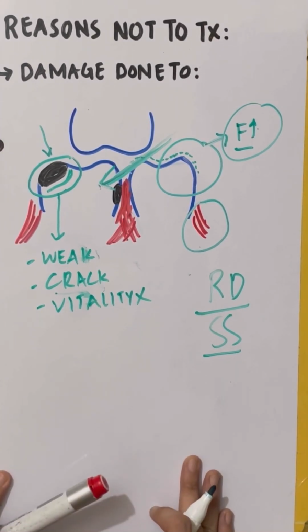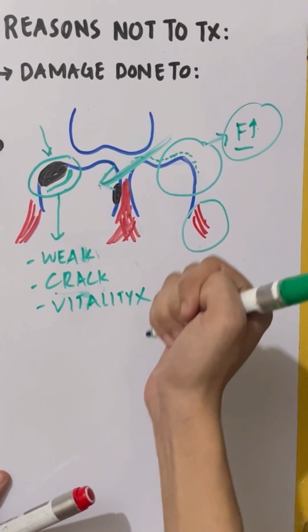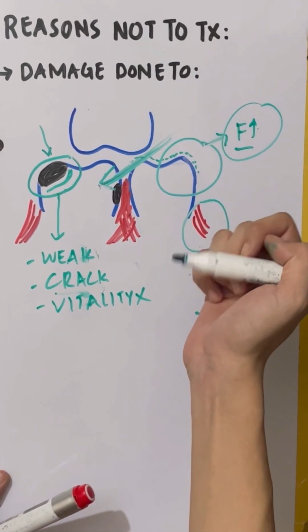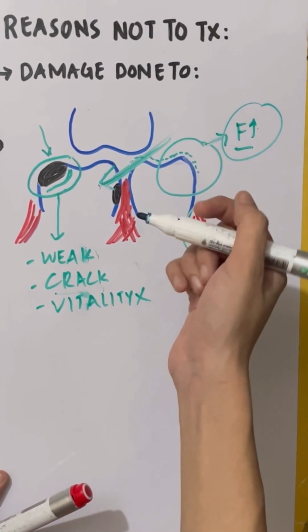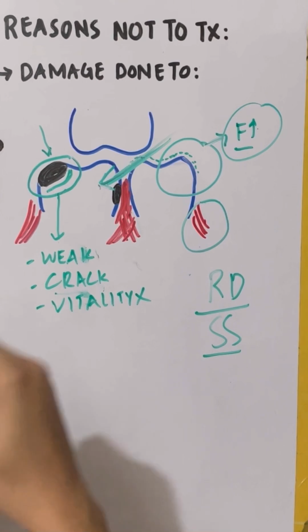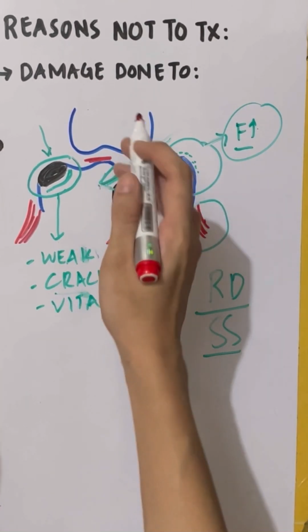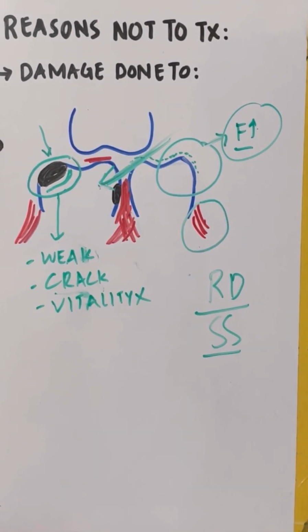The fourth thing that can be damaged is occlusion. Why will occlusion be disturbed? Because if we place any poor restoration here, this will affect the occlusal relationship and change the interocclusal position.